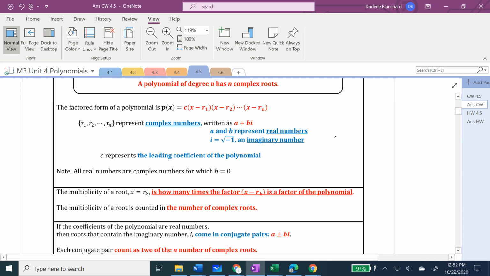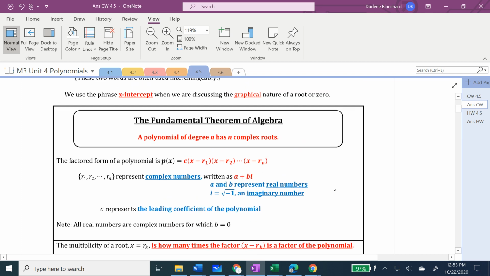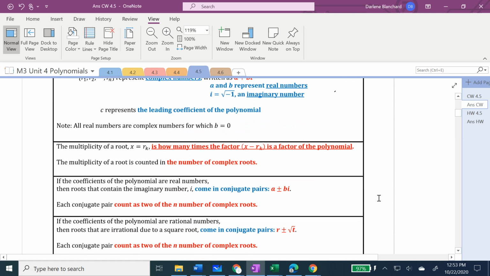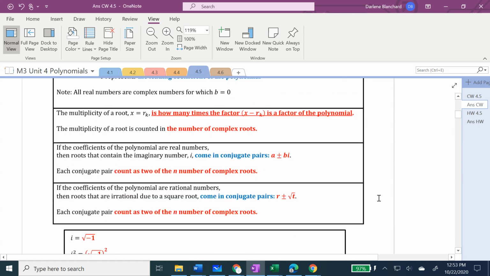And another thing is, if a factor repeats itself, each repetition counts once each time it shows up. So basically, if you have a multiplicity 3, then that counts as 3 roots of your polynomial. So you always have n roots of a degree n polynomial.